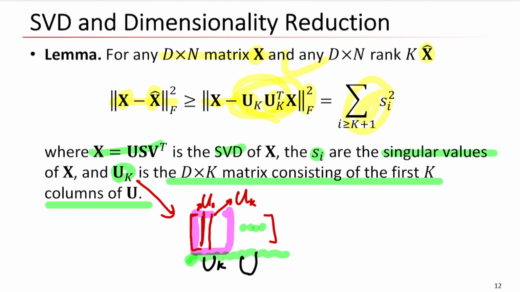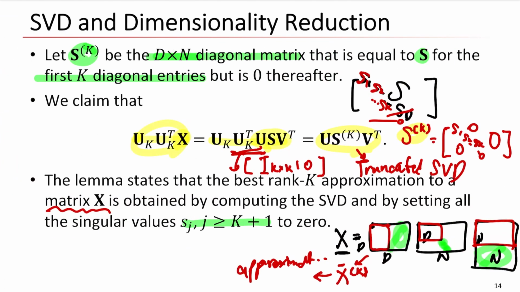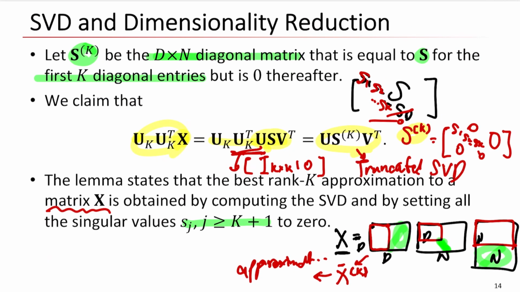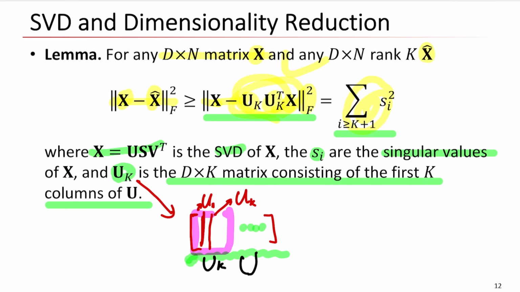So what does it mean? From here, this difference or this distortion is equal to the summation of the sigma i from k plus 1 through t, right? So by eliminating this term, by minimizing this term, we will also minimize the distortion.